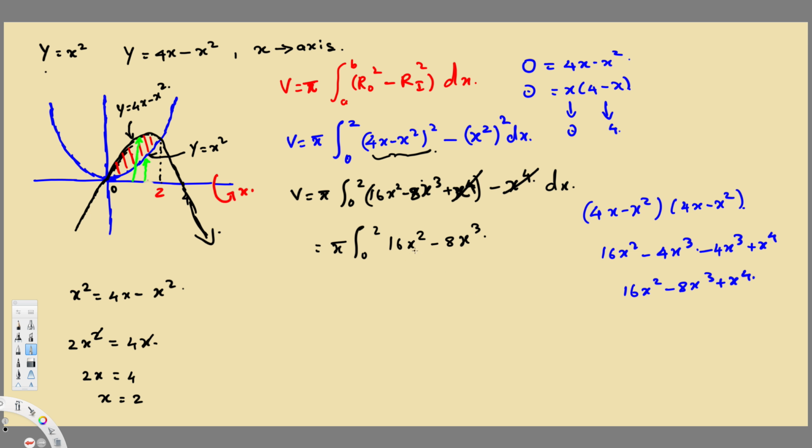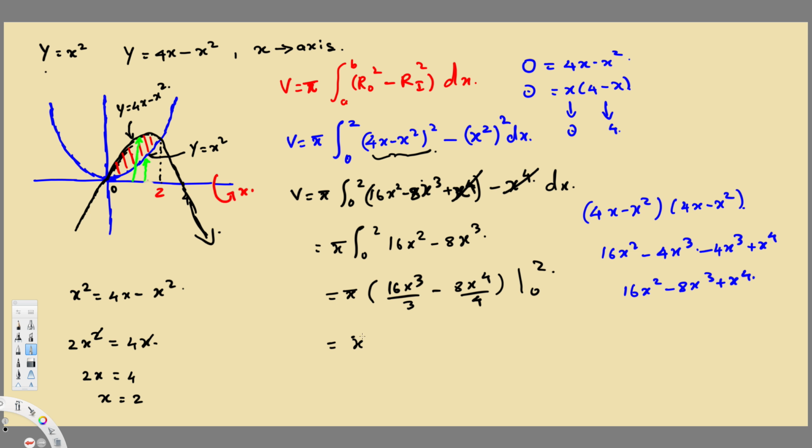So now we can go ahead and do the integration. So this is going to be pi times 16x cube divided by 3 minus 8x power 4 divided by 4 going from 0 to 2. Now let's plug the values.